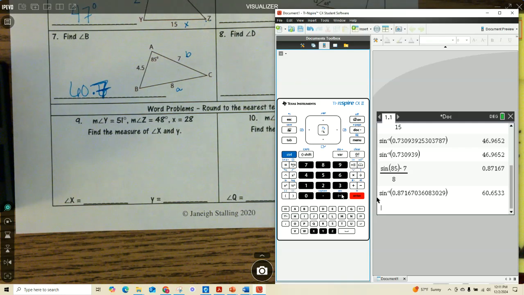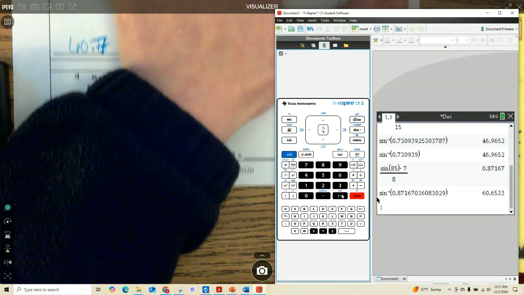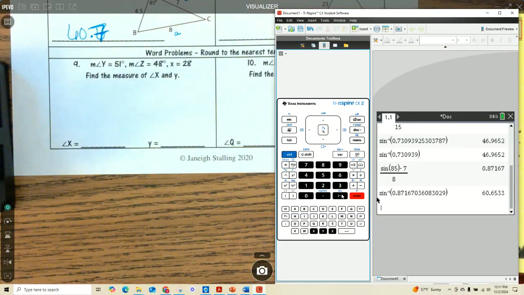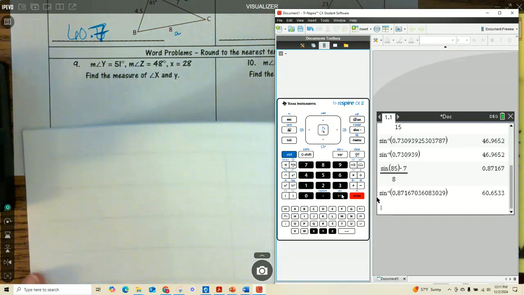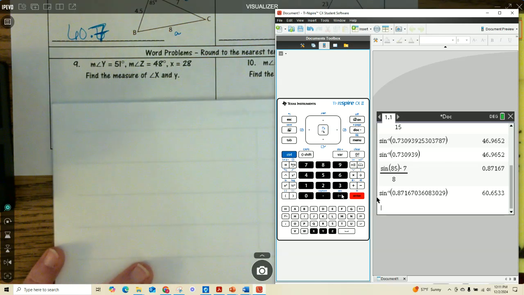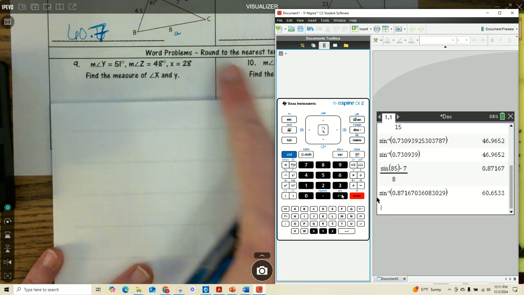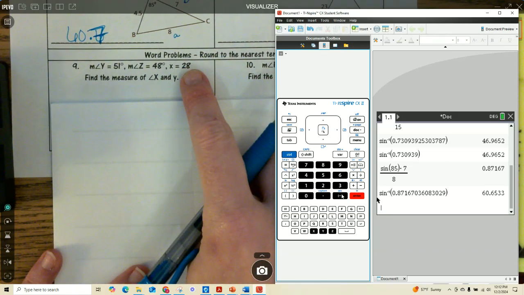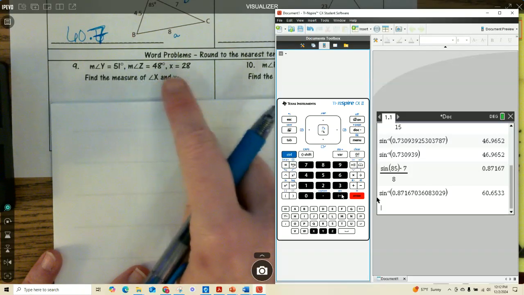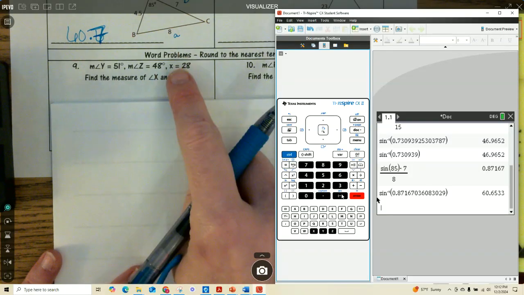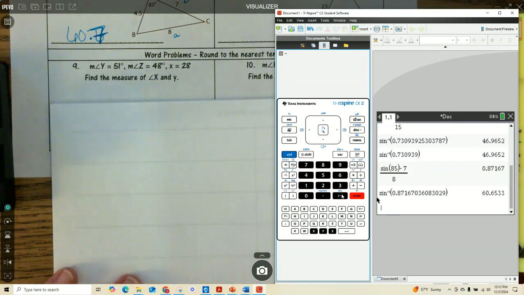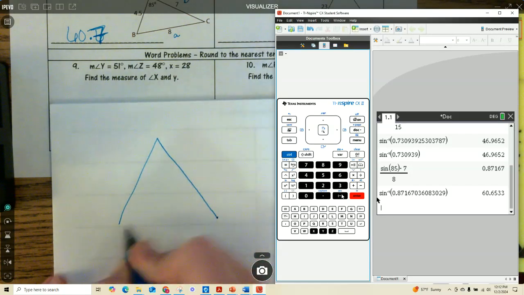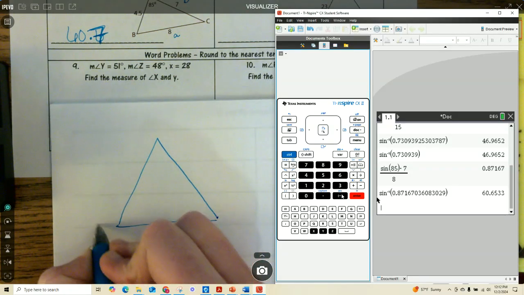Okay, word problems. Draw a picture. If you have a picture, it makes it a lot easier to work with. So it says the measure of angle Y is 51. The measure of angle Z is 48. The measure of side X is 28. Find the measure of angle X and side Y. So our letters, X, Y, and Z. It does not matter how you draw your triangle.